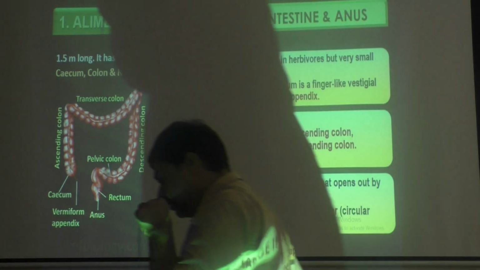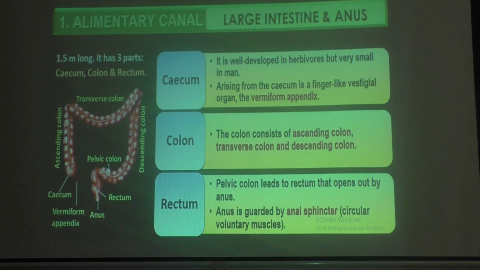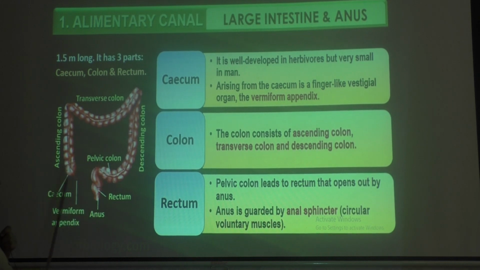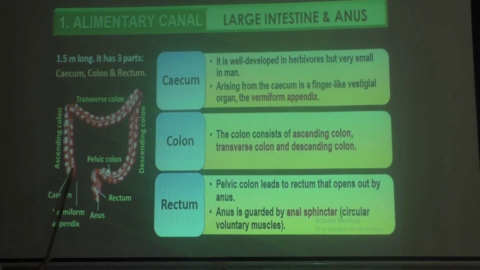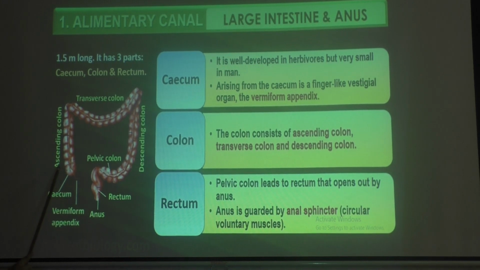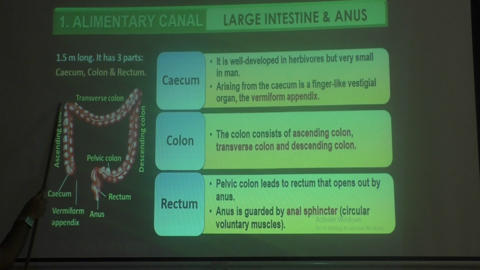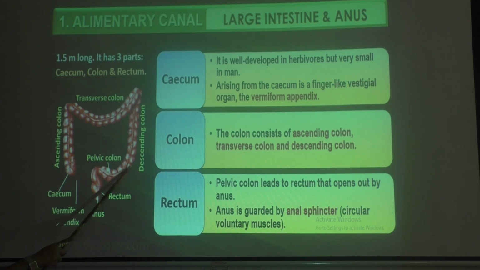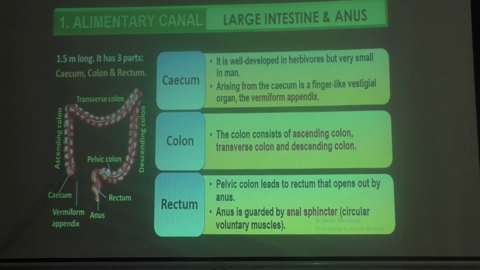What you see there clearly, I can show you. So again, this is the large intestine, and it has 3 parts. First one is this part, labeled here, that is called cecum. Then the second part is the colon. In the colon there are again 3 types.